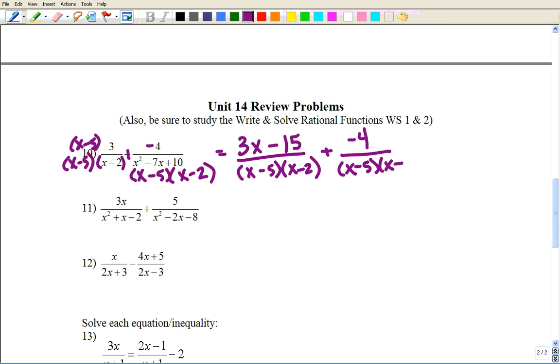I changed the sign right there. It didn't really matter on this problem, but I always like to distribute the negative so that way I don't forget that I was subtracting something. And combine like terms, so we'll get 3x, negative 15 plus a negative 4 is a negative 19. Then the denominator is just x minus 5 and x minus 2.